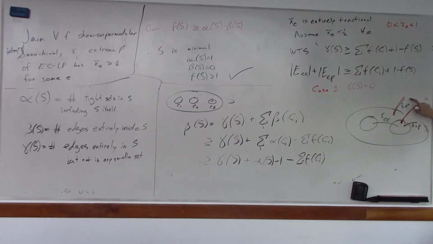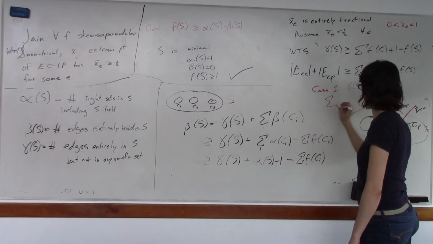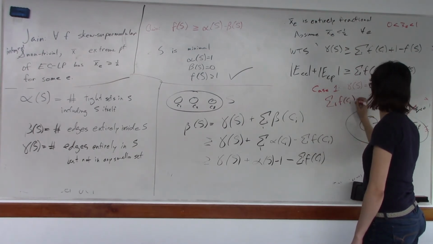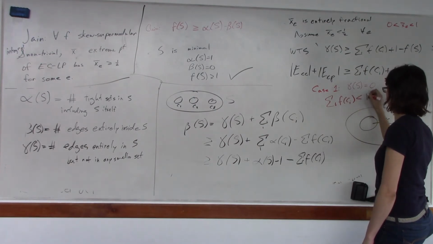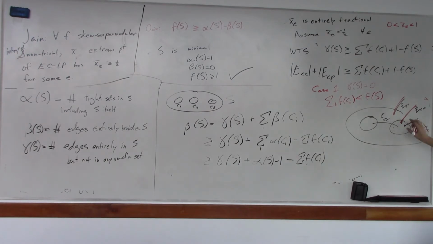So we have to have some edge which goes from the parent to outside. So that means the sum of f of Ci is strictly less than f of S, because there has to be some stuff here which isn't in the other guys. And so we have the left-hand side is 0 in this case, and the right-hand side is at least 0 or smaller. Because again, all these are integers.